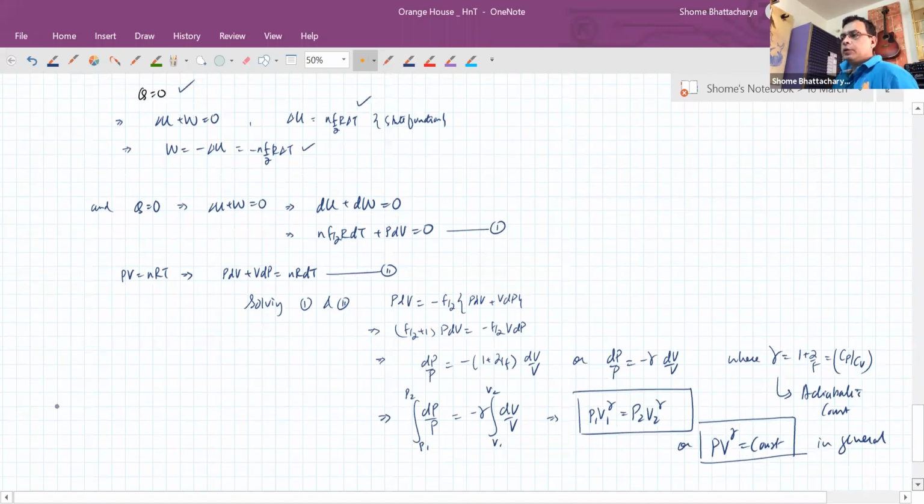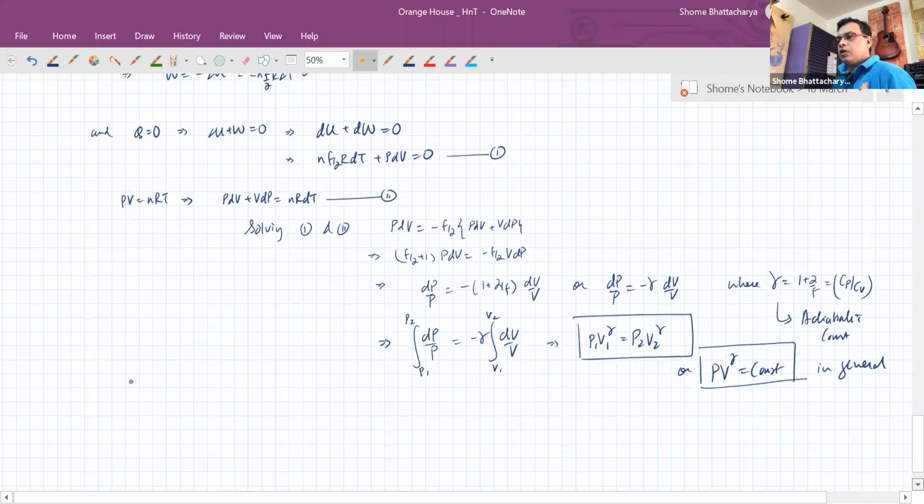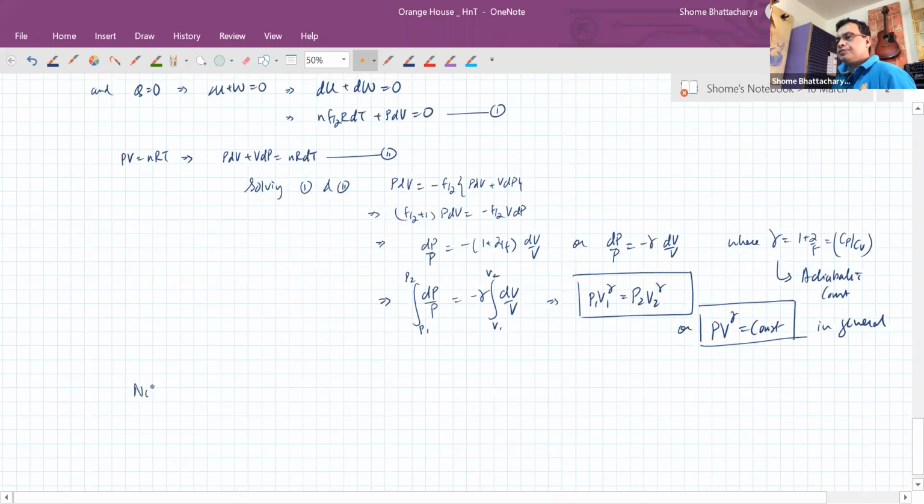Okay, so let's do a quick question based on this. Now, before that, the value of gamma, which is Cp by Cv or 1 plus 2 by F. Because remember, Cp is 1 plus F by 2 R and Cv is F by 2 R, or Cp is equal to Cv plus R, all these relations.